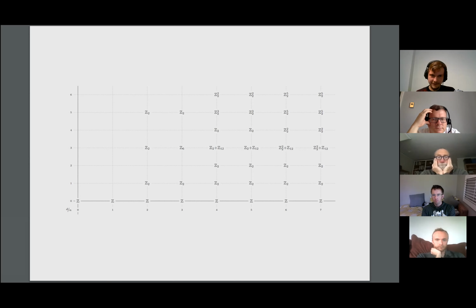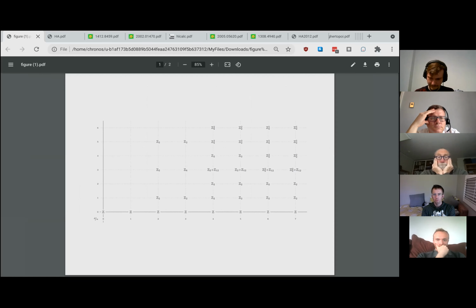So the most important feature from the point of view of this mini course is that in a range that increases with n, these homology groups don't change. So that's on the next page, if I manage to get there.